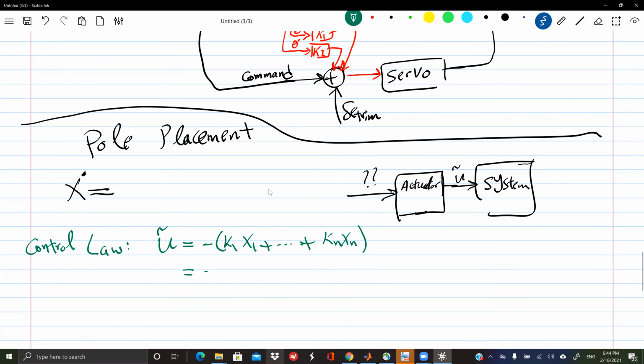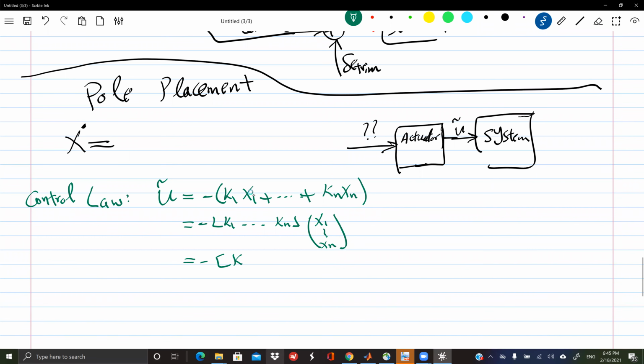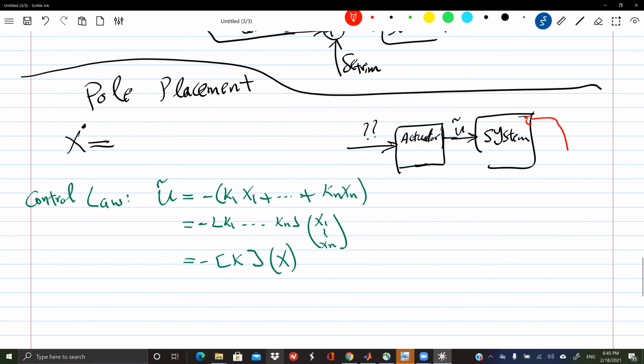So we write it actually as K1 through Kn times x1 up to xn, or in matrix form, just some K matrix times the x's. So please measure your first state. Put a sensor to measure your first state, x1. Put a sensor to measure your second state, and so on, up to xn. And each one of these is multiplied by the gain that you designed offline.